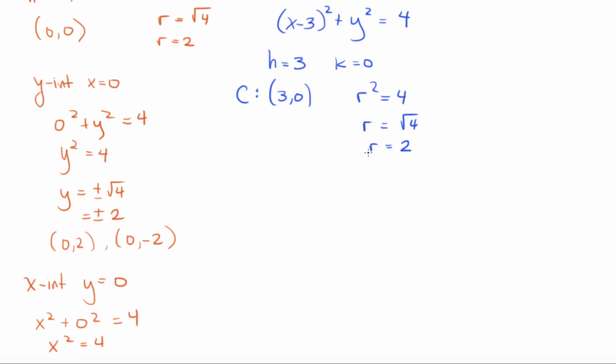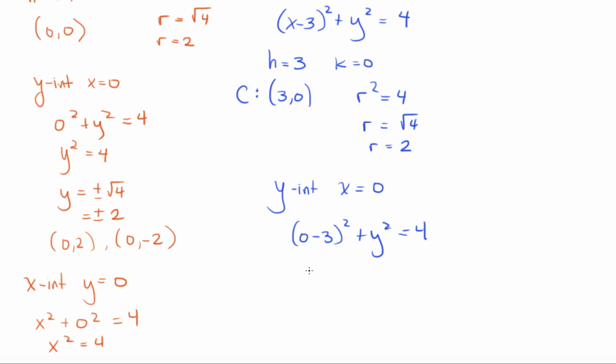Now, for the y-intercept, we plug in x equals 0. You get (0 minus 3) squared plus y squared equals 4.